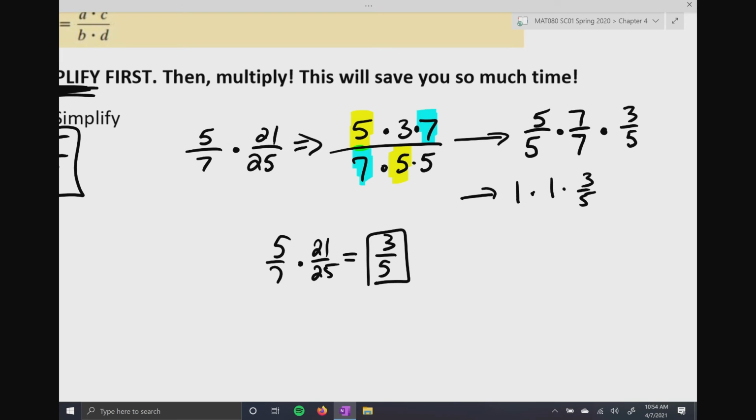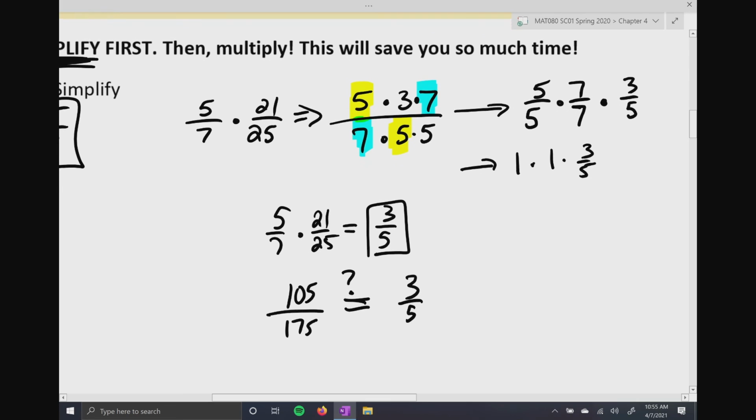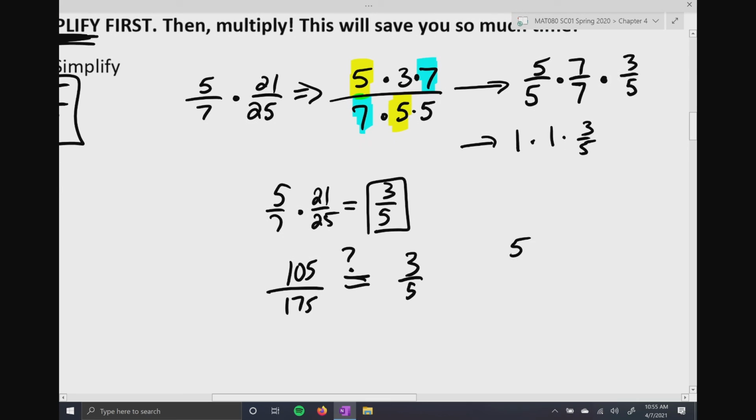So I'm going to get out my really fancy calculator here. 5 times 21 is 105. I'm going to write that underneath here. 7 times 25 is 175. Here's the question. Are these equivalent? Which we just learned to do. Well, we know cross multiply. So let me move my calculator.